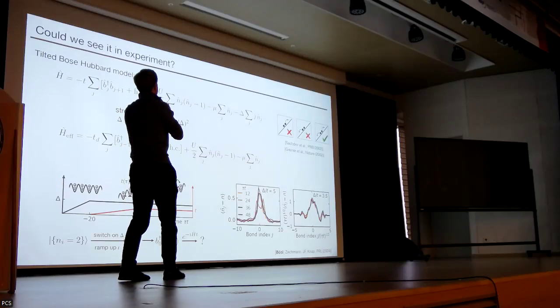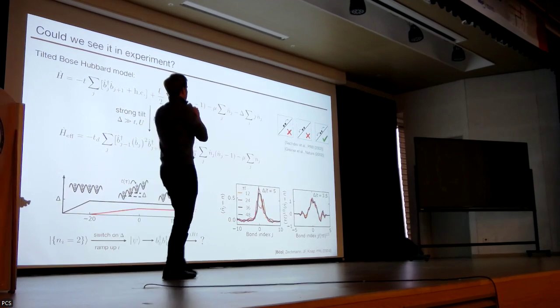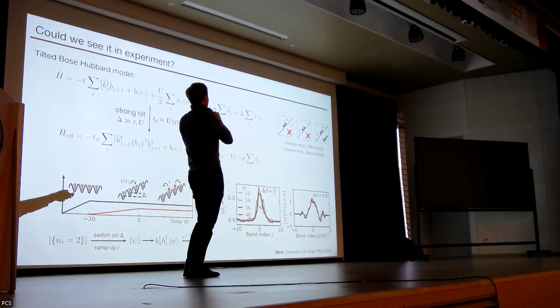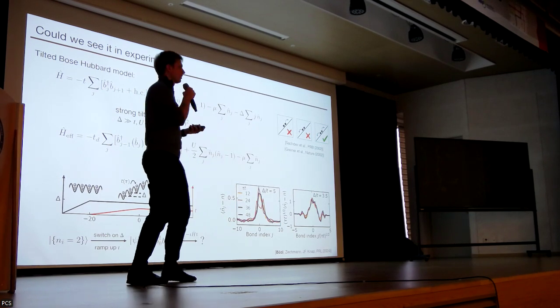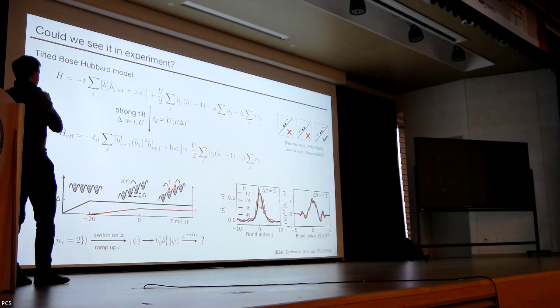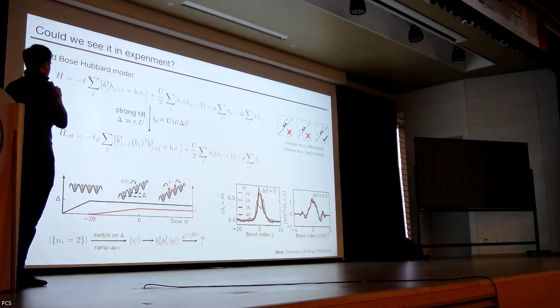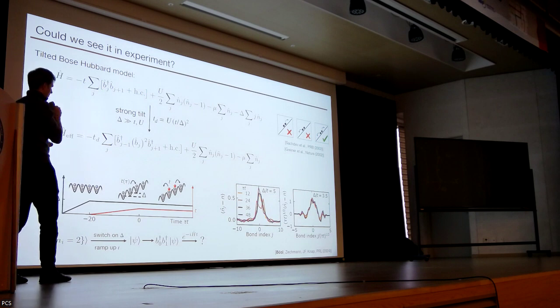Then we create these correlated hops by realizing that in order to conserve energy in this model, we cannot simply hop a particle up or down this tilt, but we need to move one up the tilt and one down the tilt in a correlated way. Doing this, an effective Hamiltonian comes out that describes the system and contains these correlated hopping processes.